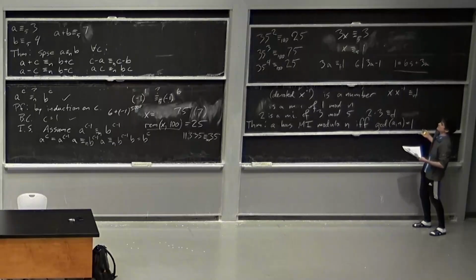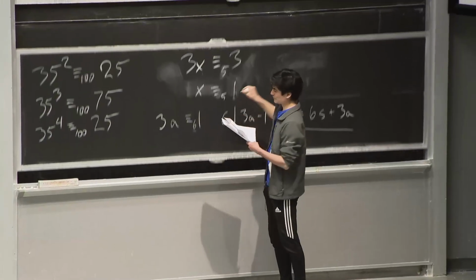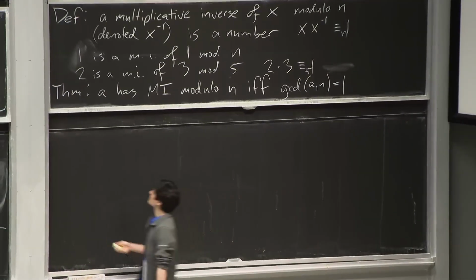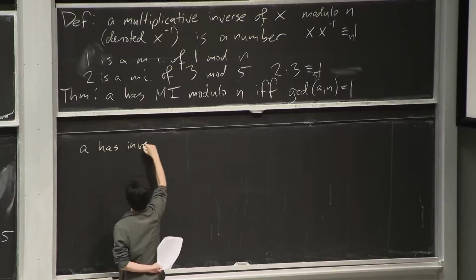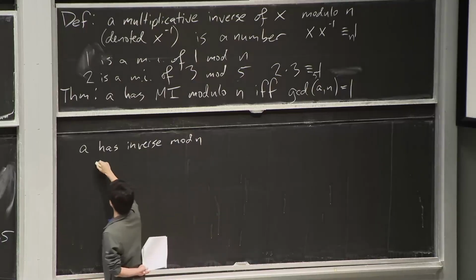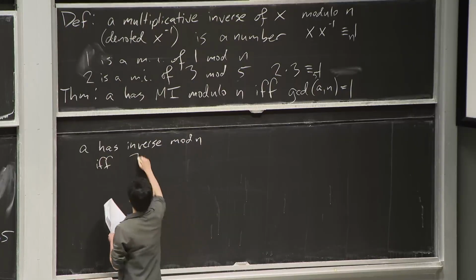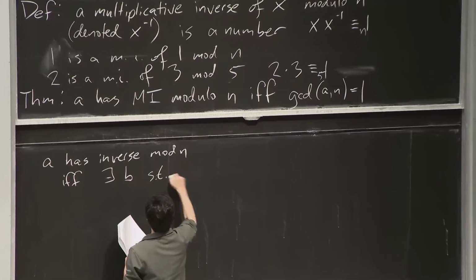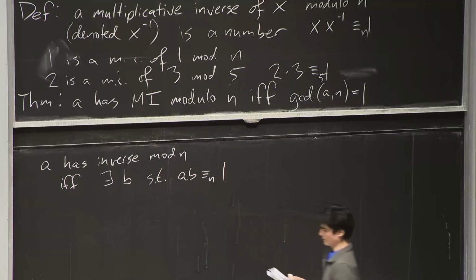So more formally, A has an inverse mod n if and only if there exists a B, so this is just the definition, such that AB is congruent mod n to 1.